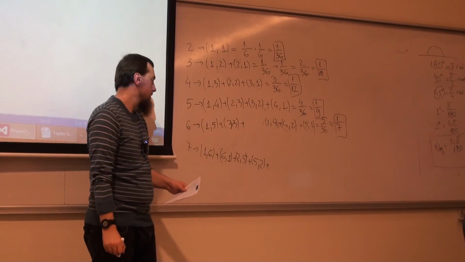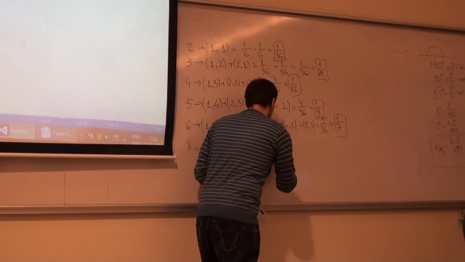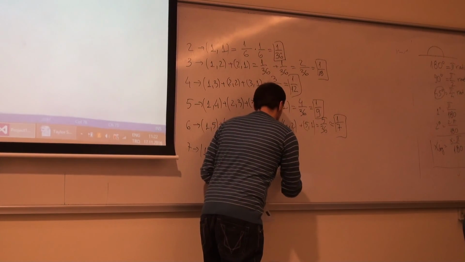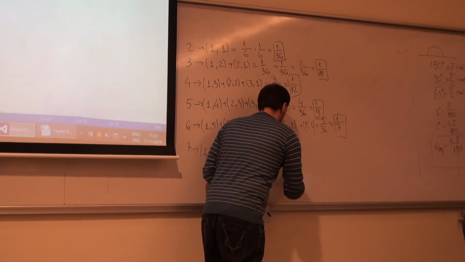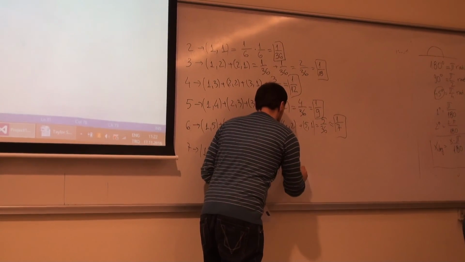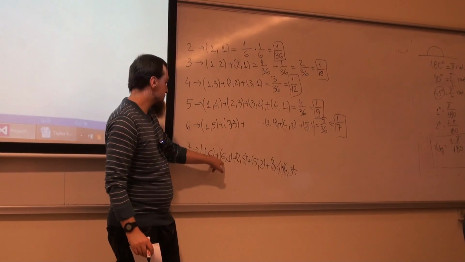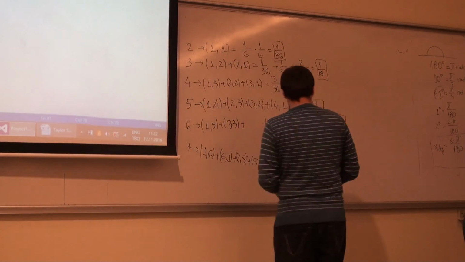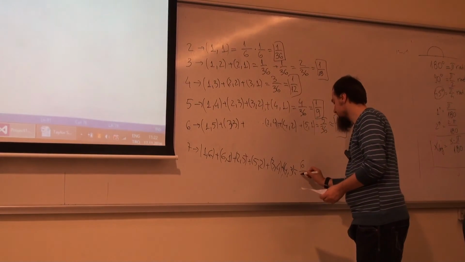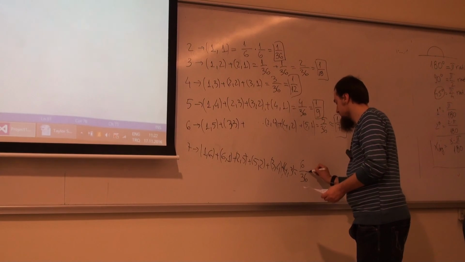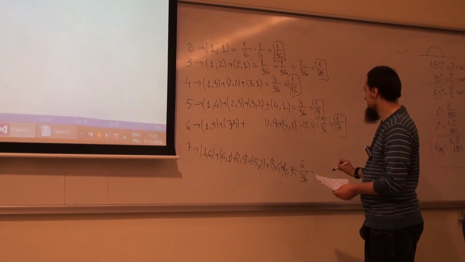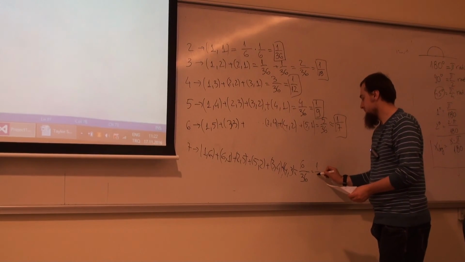Else, what do we have? 3, 4, 4, 3. How many combinations do we have? 1, 2, 3, 4, 5, 6. So it's 6 over 36. Which is? 1 over 6.